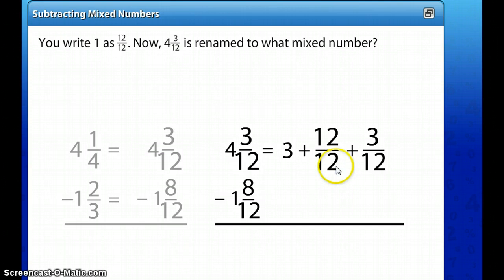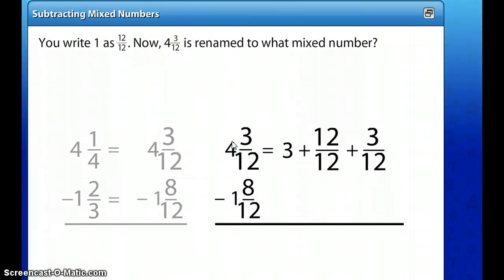Do you see what we're getting ready to do here? Now we're going to add these two fractions to get a new fraction. Don't let this blow your mind. So we took 1 from the 4. When we took that 1 away from the 4, we're just regrouping it as 12/12. Because 12/12 is the same as 1 whole.